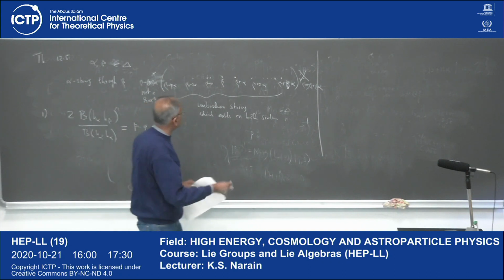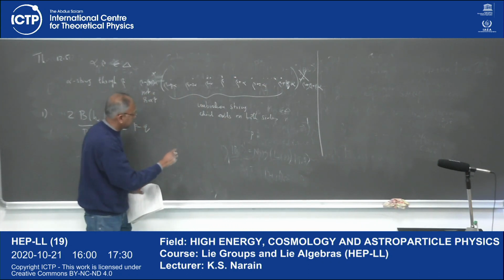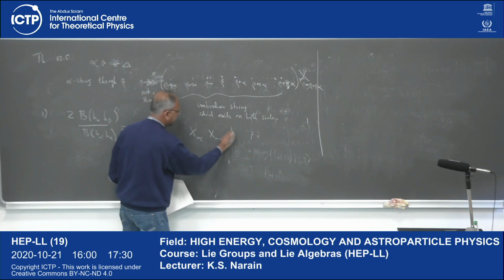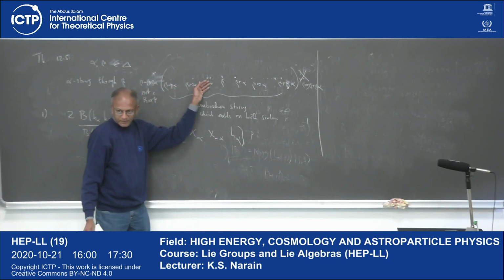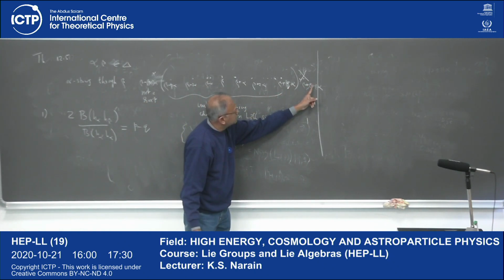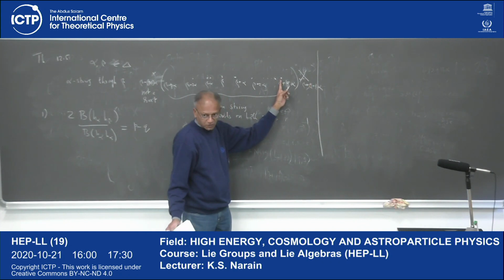The same thing, because this is going to be a representation of the SU(2) subalgebra, which is denoted by x_alpha, x_minus alpha, and h_alpha. With respect to that, this is a representation, because x_alpha acting on the top would have taken you here, but that root is missing. So x_alpha acting on this should be 0; it's the highest weight state.